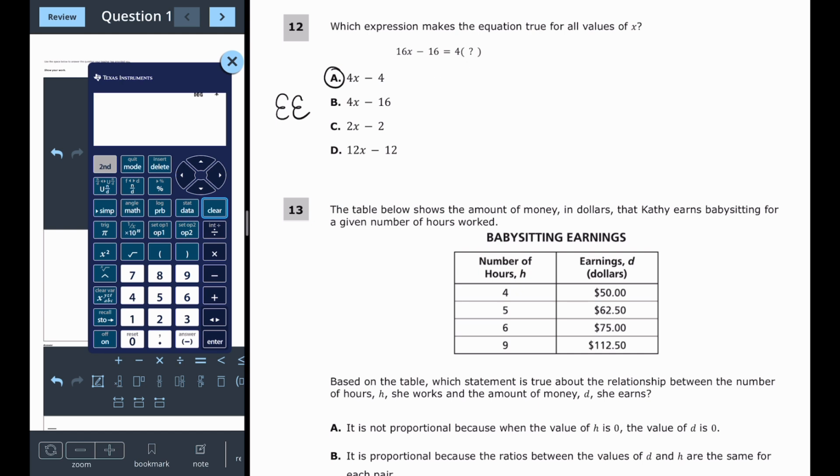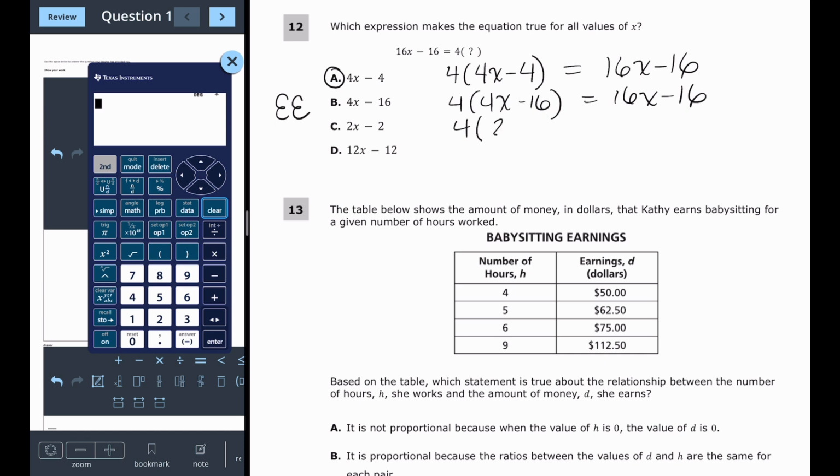So I'm going to try putting these terms in there, and I'm going to see which one of these is really going to be equal to 4x minus 16. Or 16x minus 16. So 4 times the expression 2x minus 2. 4 times the expression 12x minus 12.